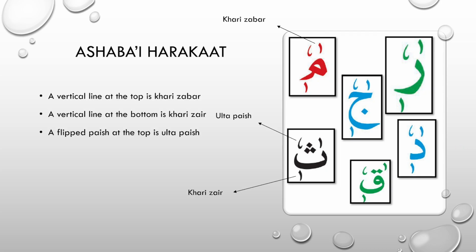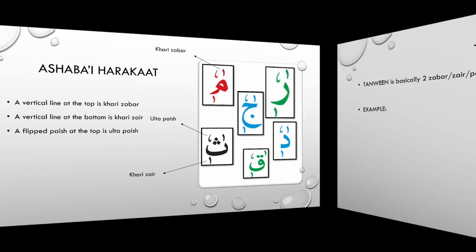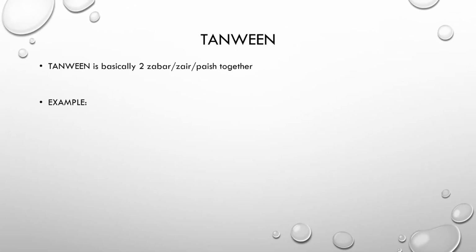So you see, we are stretching the letters twice as much as we did in the case of Harakaat. Tha, Thi, Thu. And we also have to make sure that the pronunciation of each letter is correct as well. So how much we are going to stretch the letter is important, and how we are pronouncing the letter is also very important.